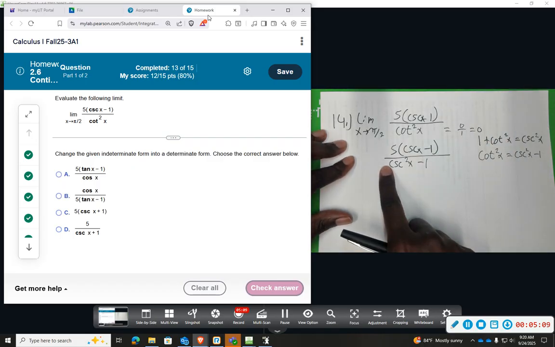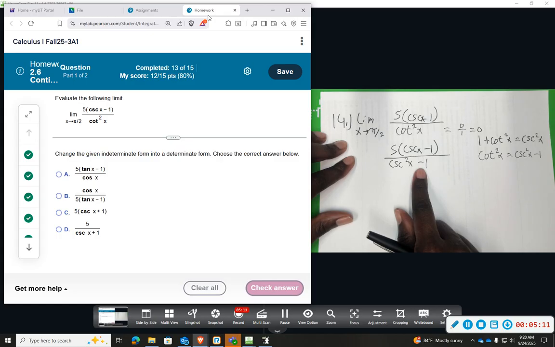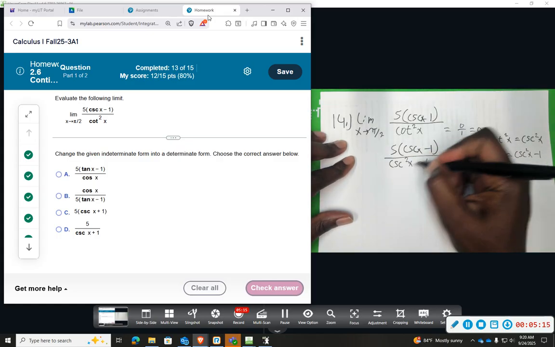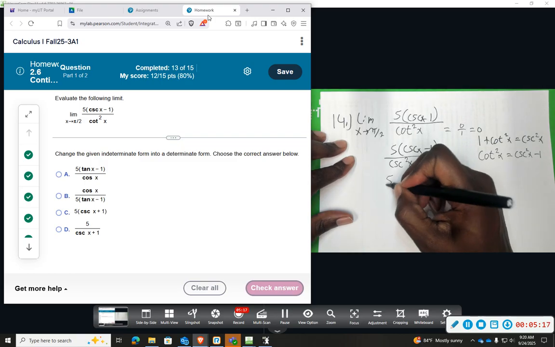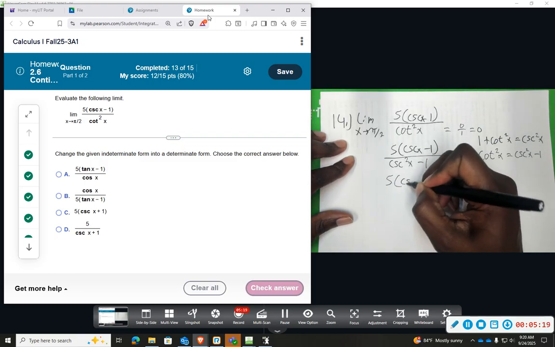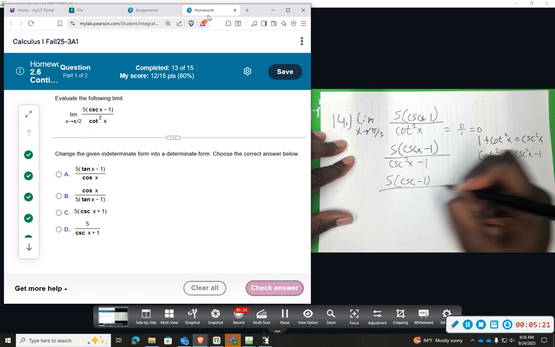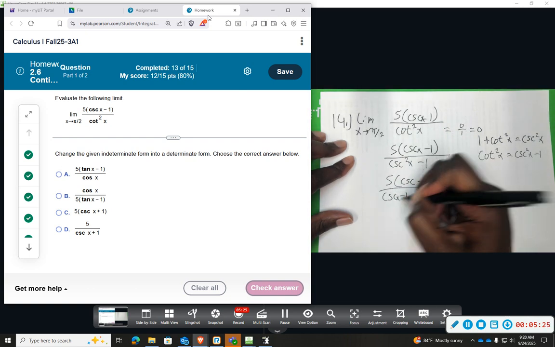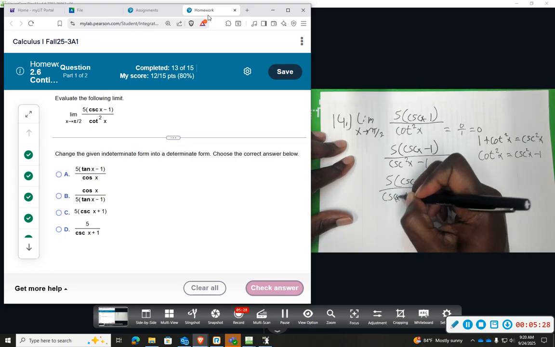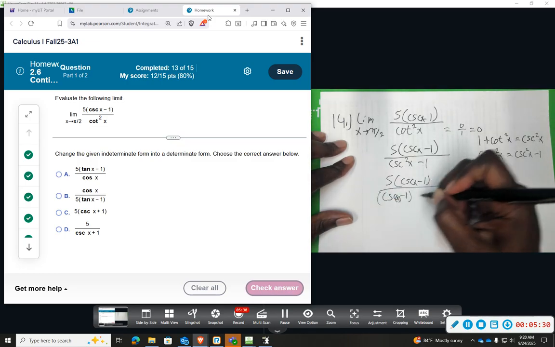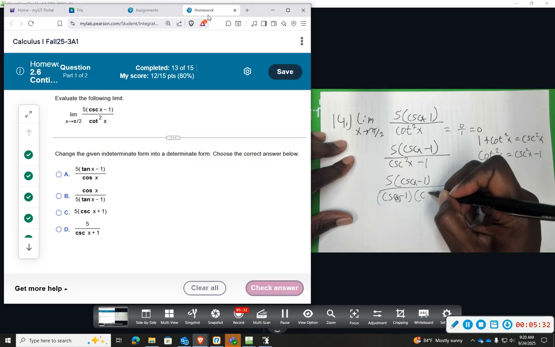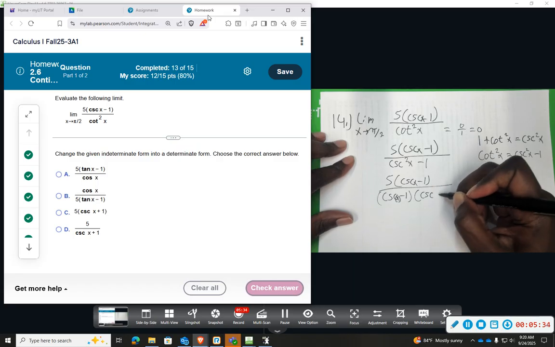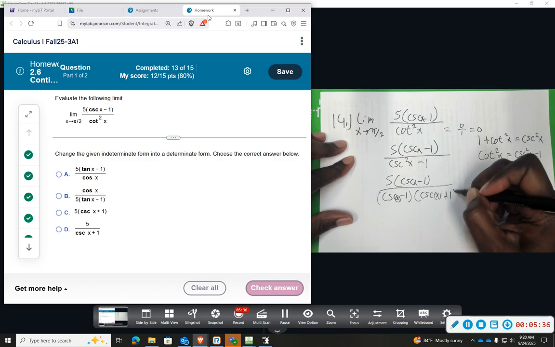Here we will employ difference of squares, and so we'll factor this into cosecant x minus 1 times cosecant x plus 1.